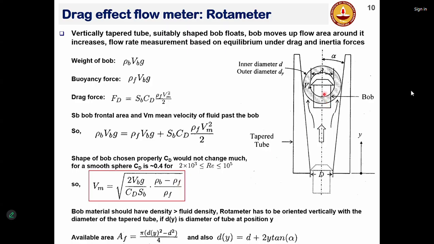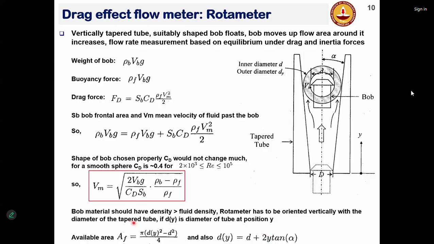That means that without flow, the bob is just sitting at the bottom. That means the weight of the bob is higher than the buoyancy force acting on the bob. This weight of the bob has to be higher than the buoyancy force when rho B is greater than rho F.